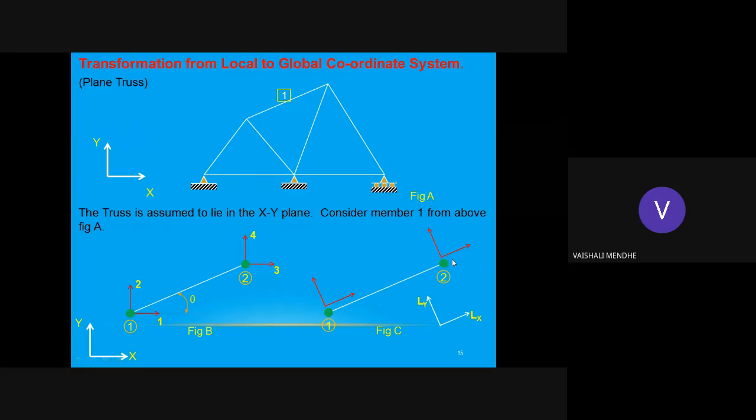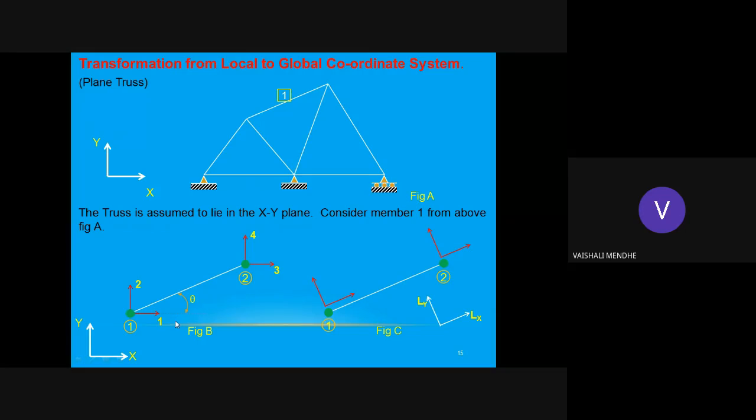Local y is always perpendicular to Lx. So for the same member, the local displacement is assigned in the local coordinate system in figure C, and in figure B we have assigned the displacement in the global coordinate system.